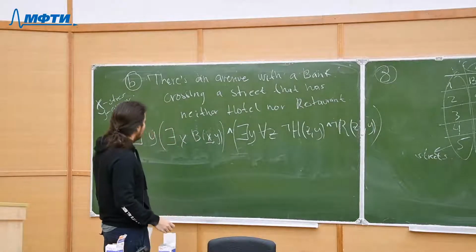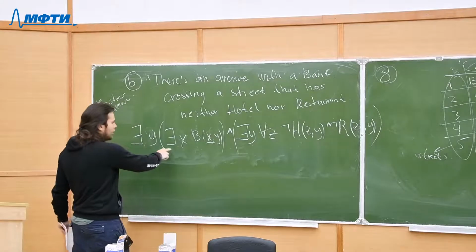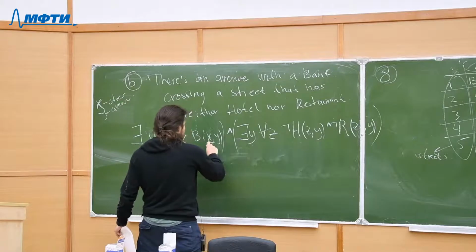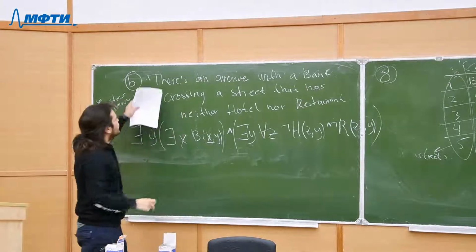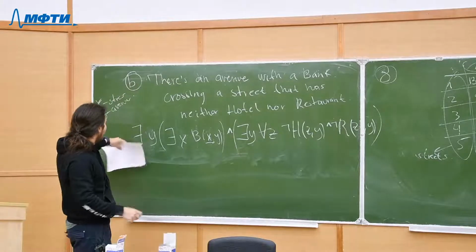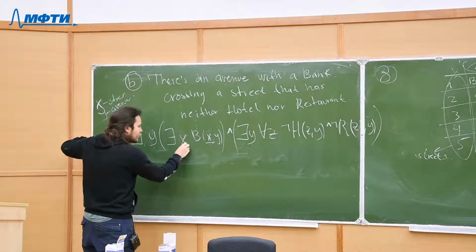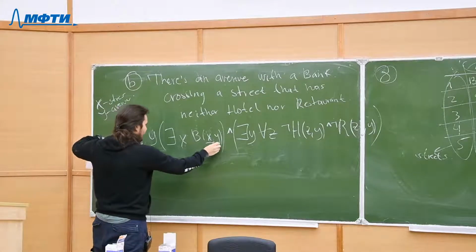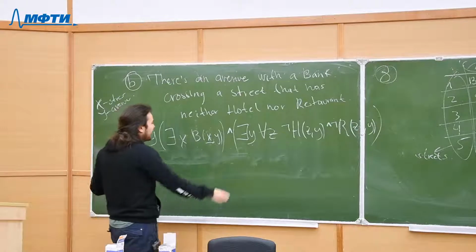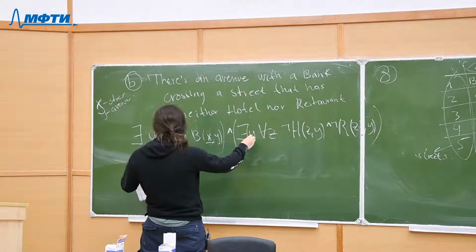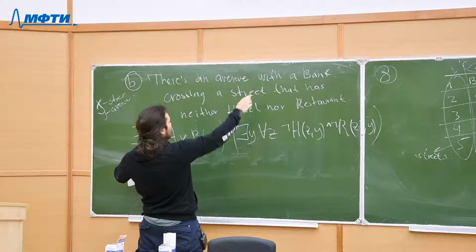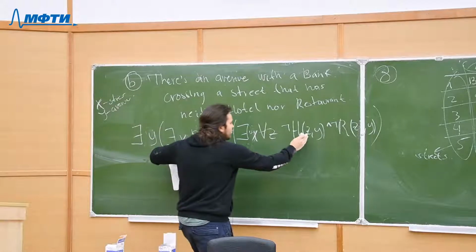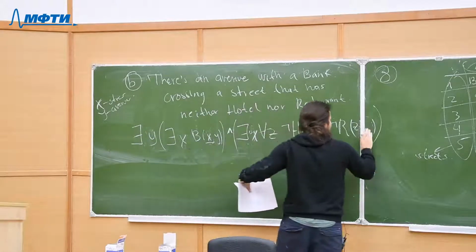So we have for all streets, again, there's an avenue with a bank. So we have an avenue and a street. Street, avenue, right? You made that complicated. So then there exists an avenue. No, there exists a street. Yes, so we have to change here X and X, okay?